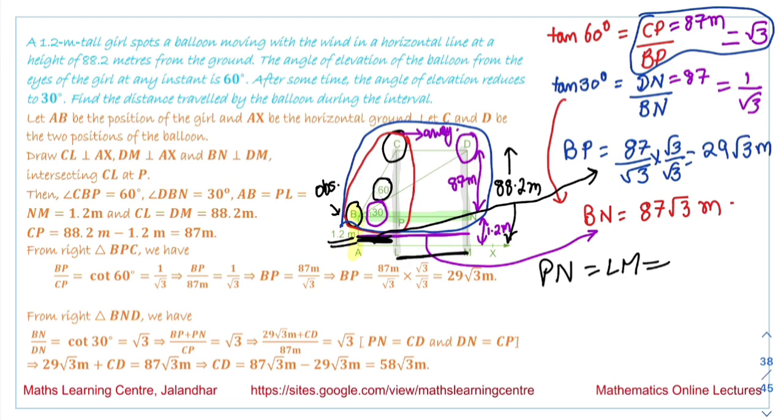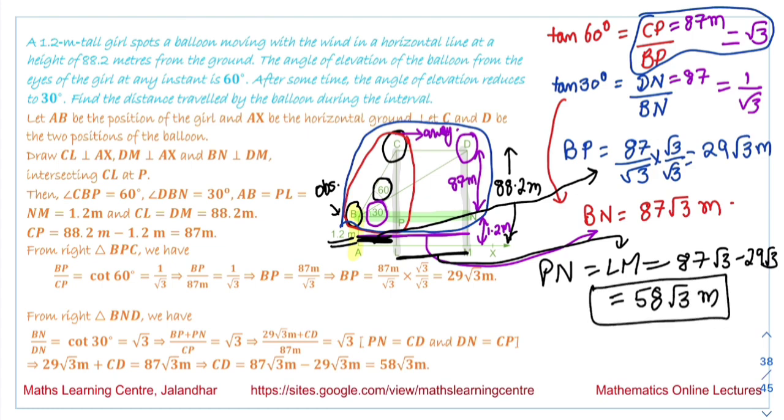We are talking about this distance we want to calculate. So the value we get, it is 87 root 3 minus 29 root 3, and the answer we get, it is 58 root 3 meters. So this is the distance traveled by the balloon during this interval.